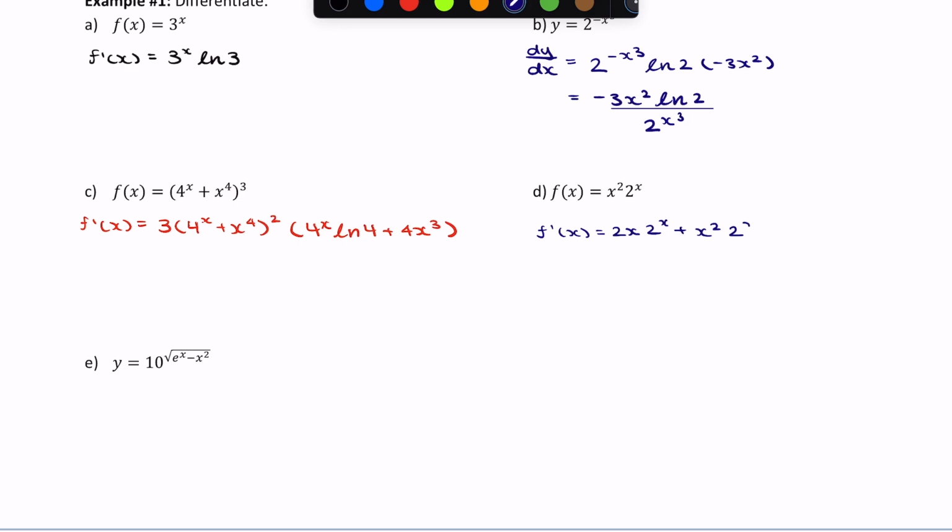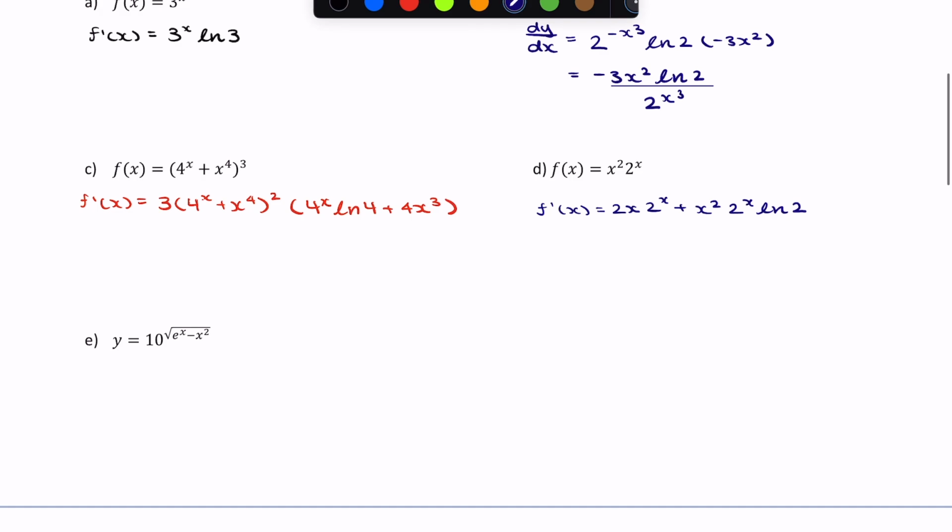So here we have 2 to the power of x and ln 2. And here, if we pull out a common factor of x, 2 to the power of x, then we'll be left with 2 plus x ln 2.